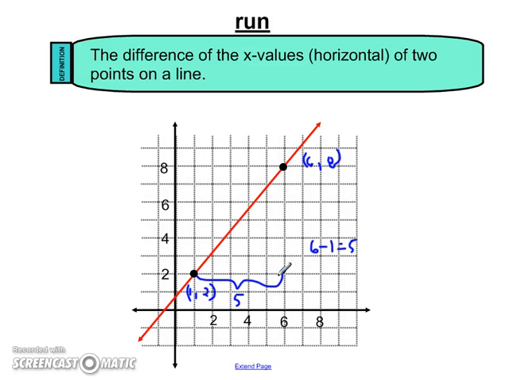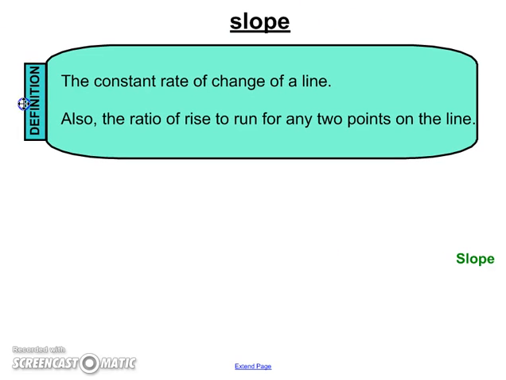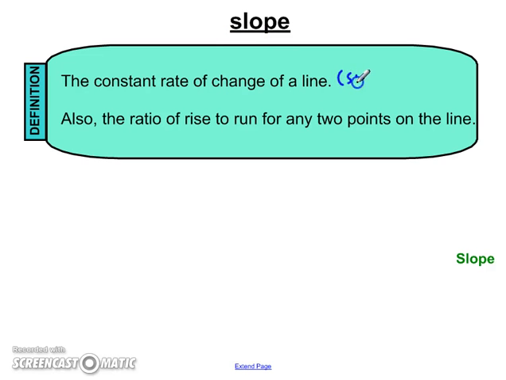And the reason we talk about this rise and run concept is when we get to slope. Okay? Slope is the constant rate of change of a line. And in other words, if you want to, you could write this down as steepness. How steep is a line? Okay? And it's found by the ratio, the fraction, of rise to run.